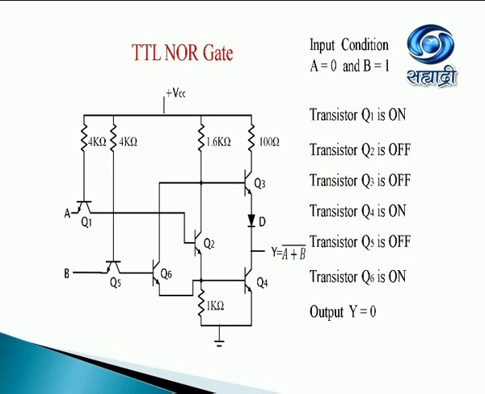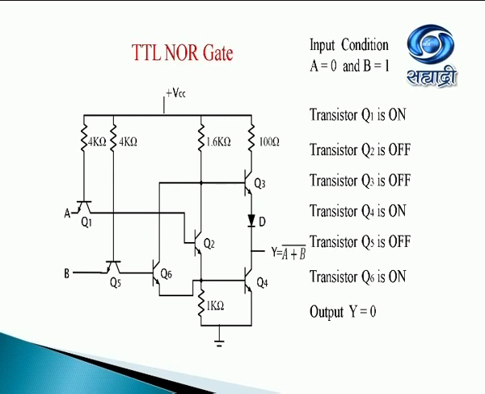In second case, when A is equal to 0 and B is equal to 1, at that time, as A is equal to 0, emitter of Q1 is connected to ground and so transistor Q1 conducts. At that time, emitter of transistor Q1 is connected to ground and emitter of transistor Q5 is connected to high.